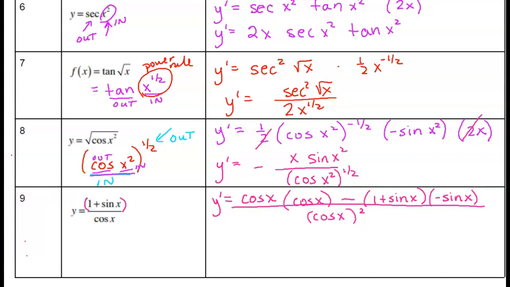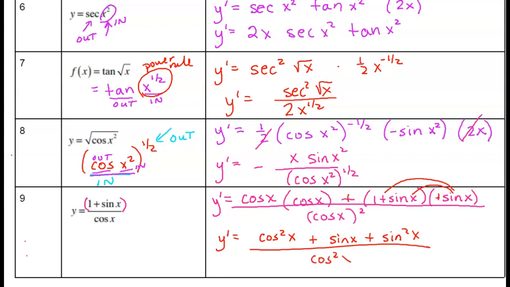Okay, so let's see what we got. Cosine times cosine. 2 negatives, that would make that a positive. So now I'm going to distribute sine. So plus sine squared all over cosine squared. Now, this is a Pythagorean identity. Sine squared plus cosine squared equals 1.